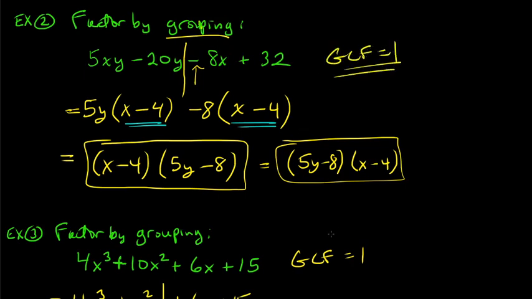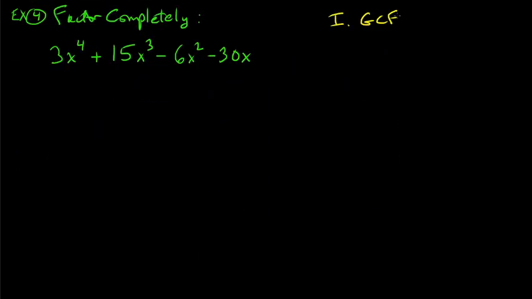So I kind of ignored that part, but it's kind of important because in this problem the GCF is not 1, right? These are all divisible by 3. 3, 15, 6, and 30 can all be divided by 3 evenly. So the GCF here is 3.